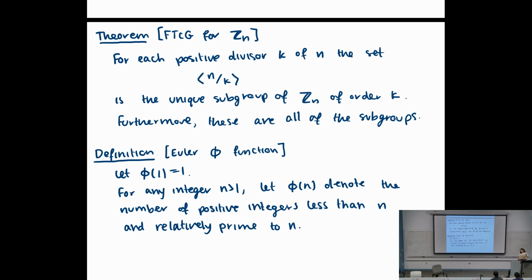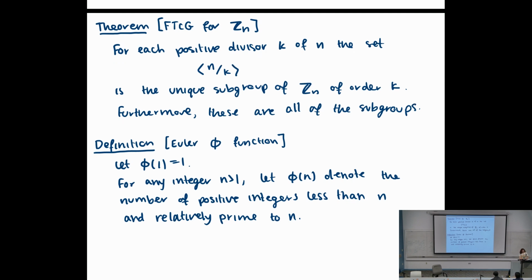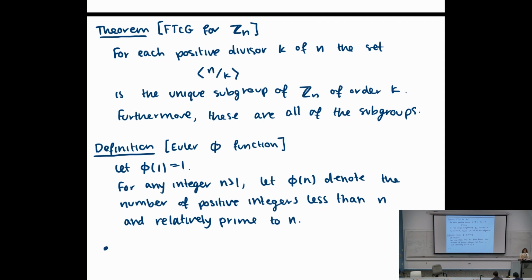What does it mean? So I'll just note a couple of properties of this function. So note just by the way we defined these U groups, the order of U_n is equal to phi of n.